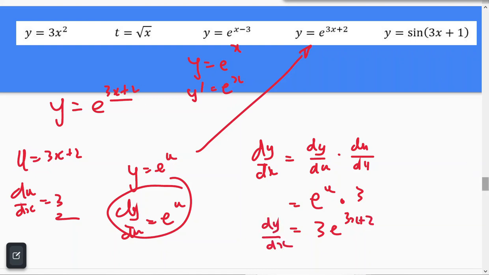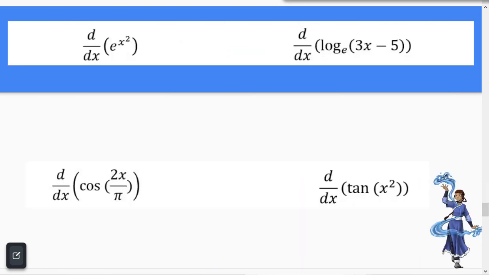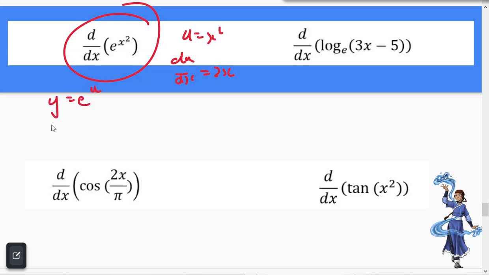And the 3 other examples there I've written. So some more examples. If I wanted this one, u equals x squared, therefore du/dx equals 2x, and y equals e to the u, dy/du is going to equal e to the u as well.